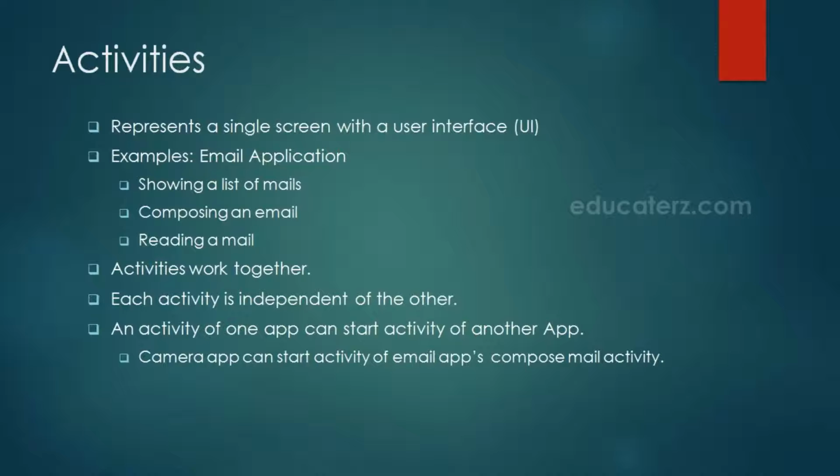An application can contain any number of activities. These activities work together, and each activity is independent of the others, doing its individual task. There is also a chance that one activity of an application can start another application's activity, from application X to application Y. The best example is a camera app starting an activity of an email application to compose a mail.